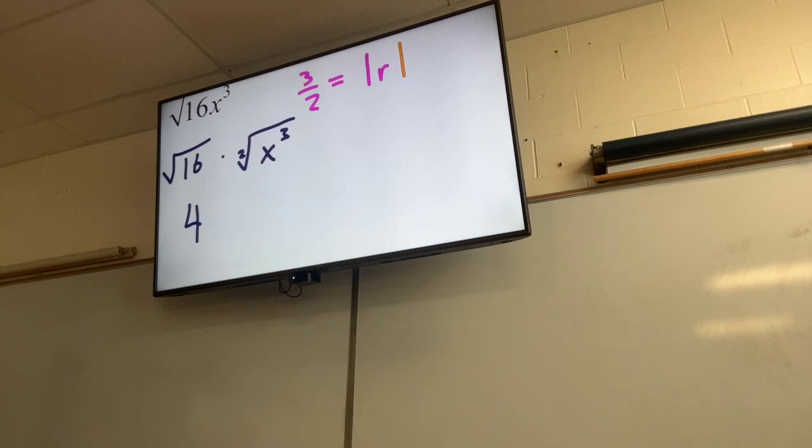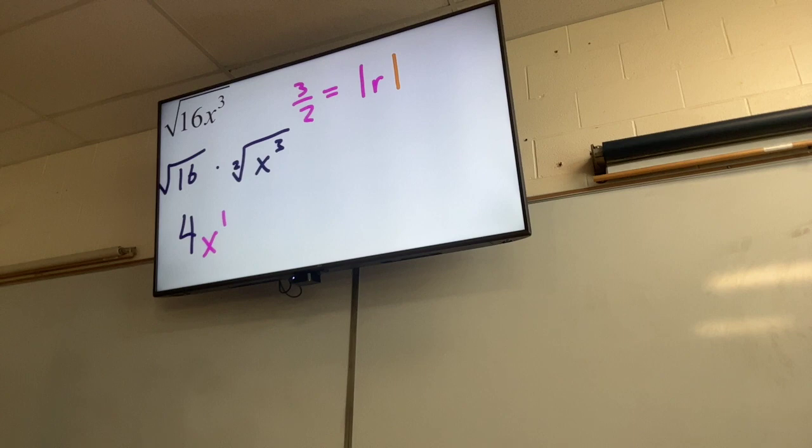So since my answer was 1, next to my 4 I'm going to write an x to the 1. And because my remainder was 1, I'm going to have a square root of x to the 1 left over. So we get 4x square root x. That's it. 4x root x.